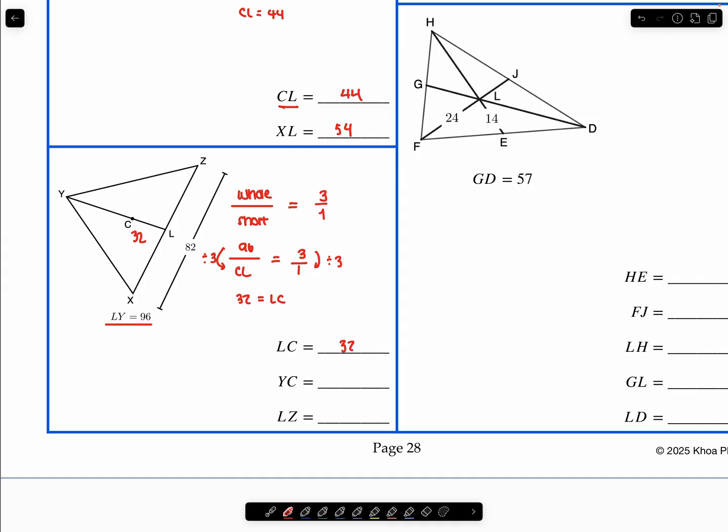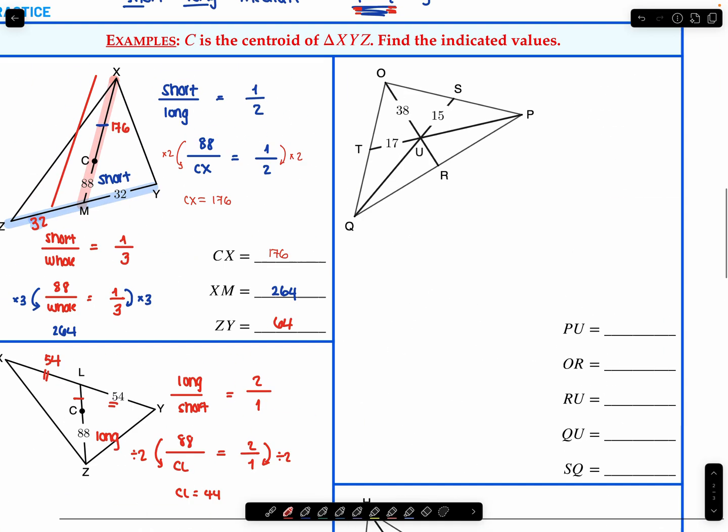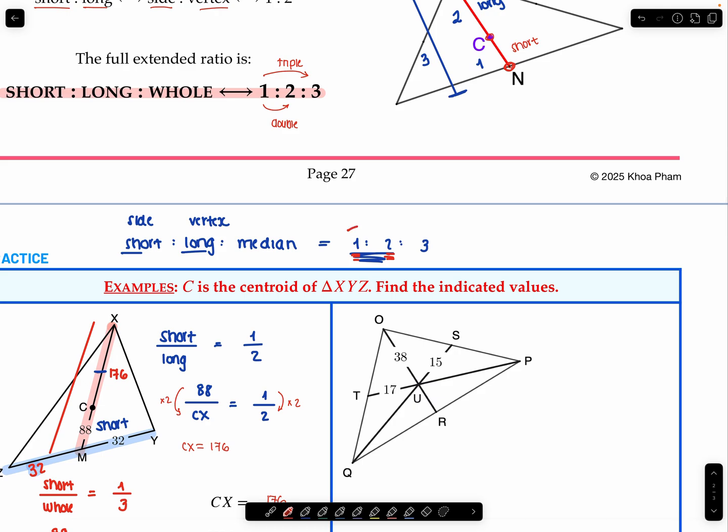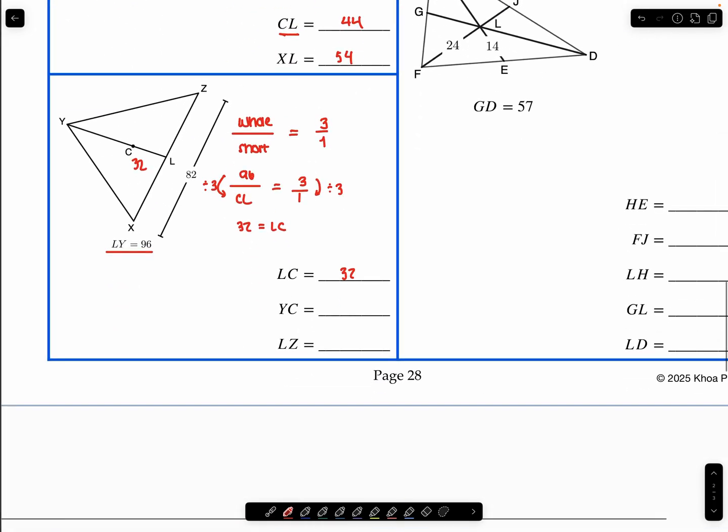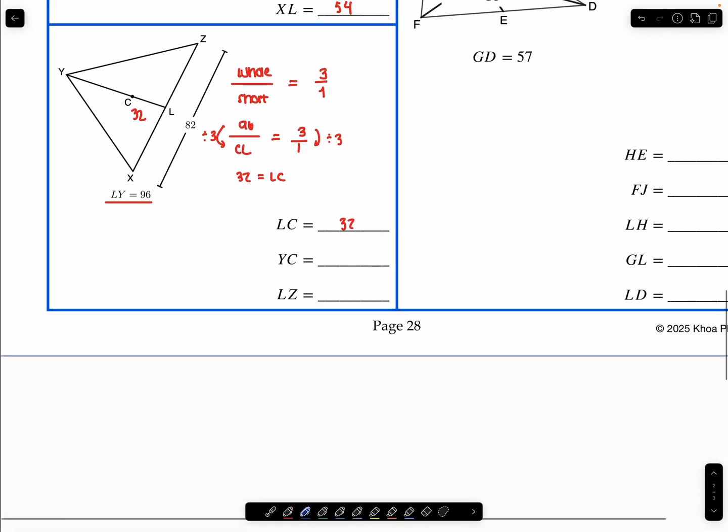You can just double CL to get to YC because we are saying that the short is half the length of the long. In other words, the long is double the short. But I do want to show you one more thing with fractions that we can do, which is let's just take the whole and compare that to the long.